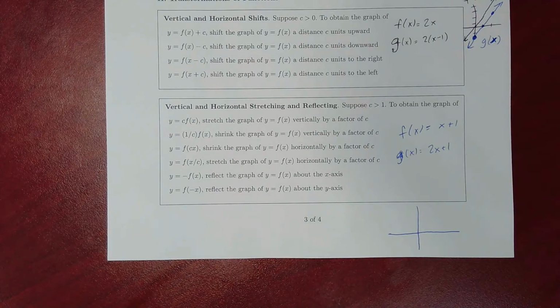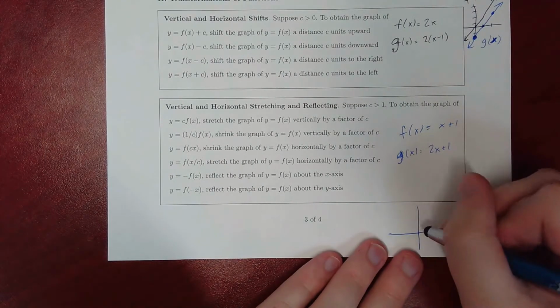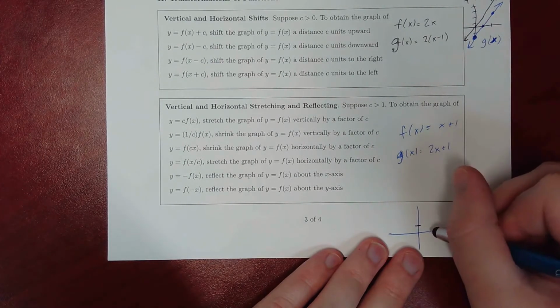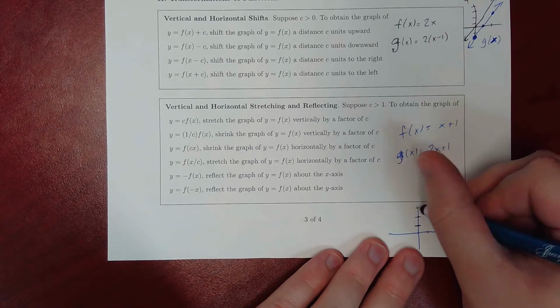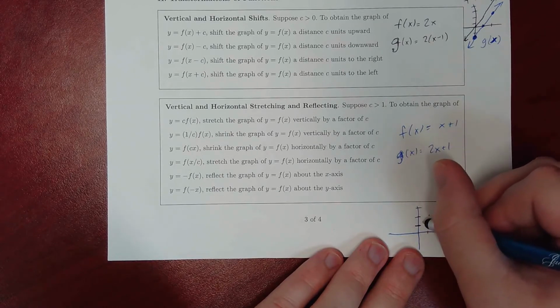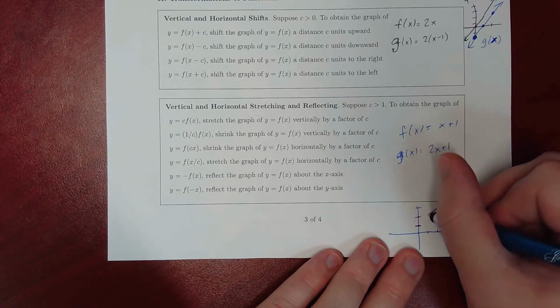So with x plus 1, what we're getting is this point, then this point, then this point. We end up with just a line here.